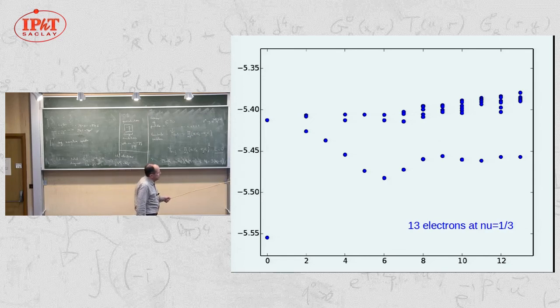And you see that, at least we can guess plausibly, that there is a gap towards excited states. And then you see that there is a very nice collective mode which is very well separated from a higher lying continuum of just a mess of states. Okay.